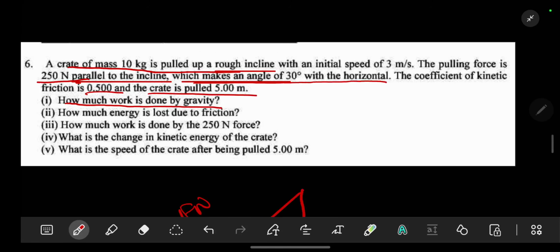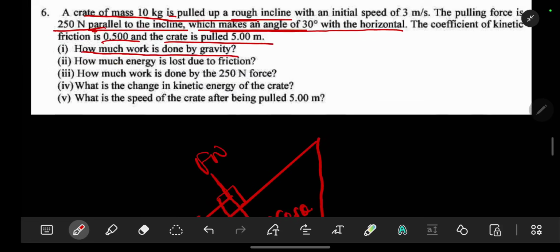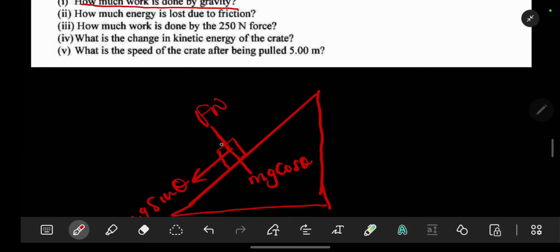Remember we are told that a crate of 10 kg is pulled up a rough incline with a speed of 3 meters per second. It's being pulled up, so it's going up. That means the frictional force will be opposing the motion, pointing in the opposite direction.